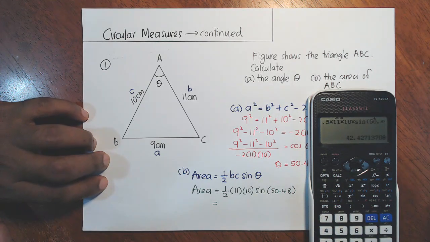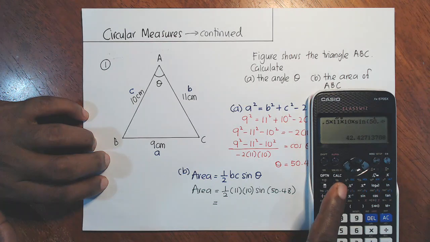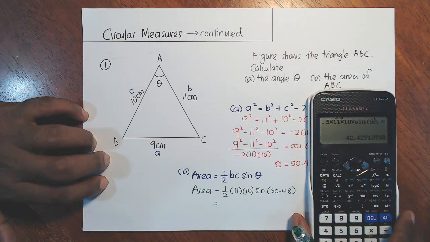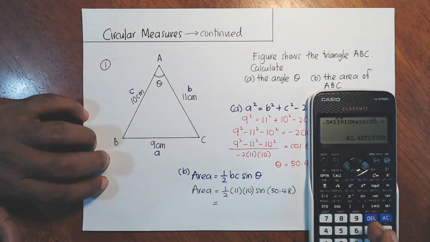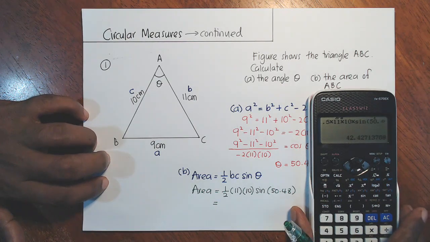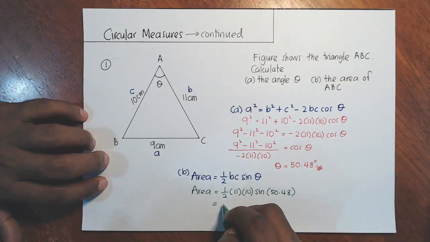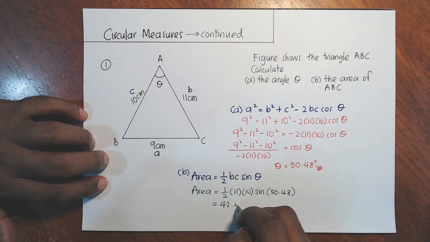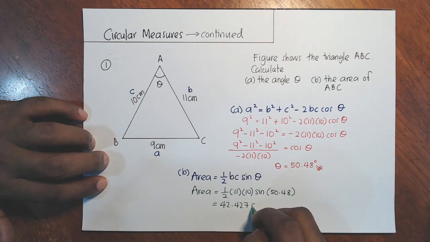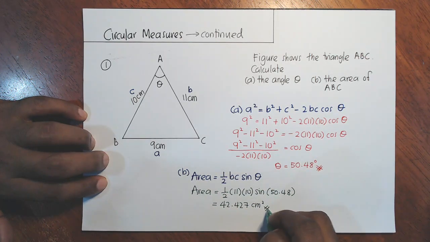You press equals to, that's the area, guys, 42.427. Now since this is not an angle, we take 3 decimal places. 42.427, and the unit should be centimeter square.